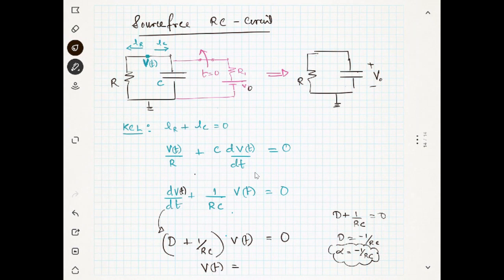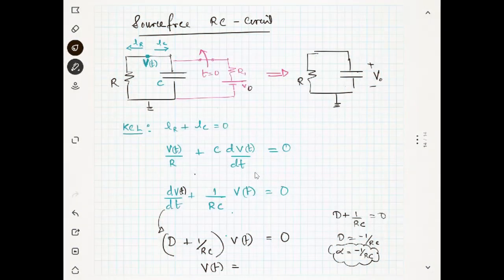I told you inductor and capacitor are dual. One is for voltage and another is for current. Their behavior is almost the same. Your mathematical structure is almost the same, but one is for voltage, another for current. Capacitor is for voltage and inductor is for current.